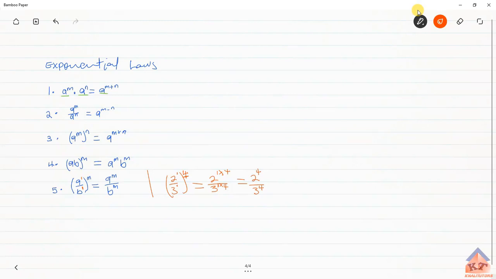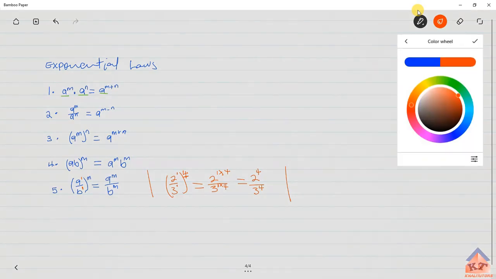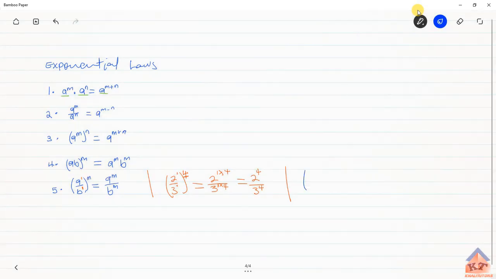It's not always going to be the case that you have the number a raised to the power 1 or the number b raised to the power 1. Let's say we've got a case where the power is not 1. For example, let's say we've got 4 divided by 5, 4 to the power 2 and 5 to the power 3, all raised to the power, let's say 4.